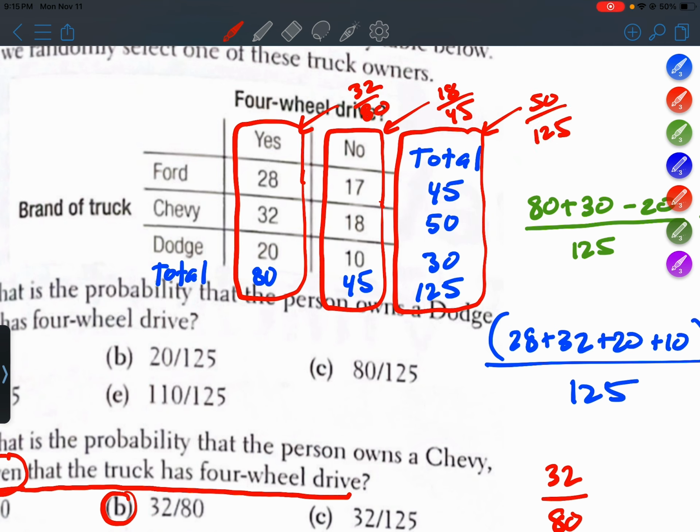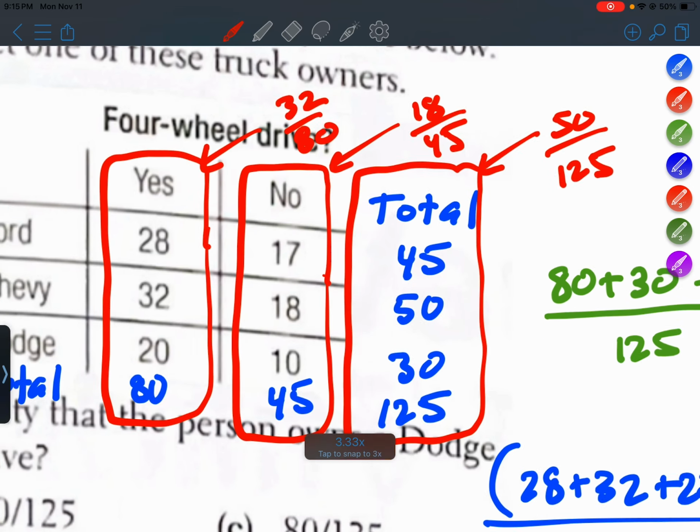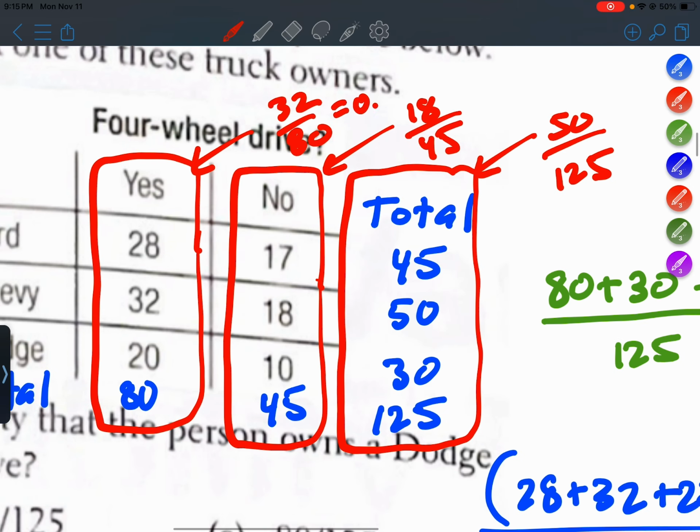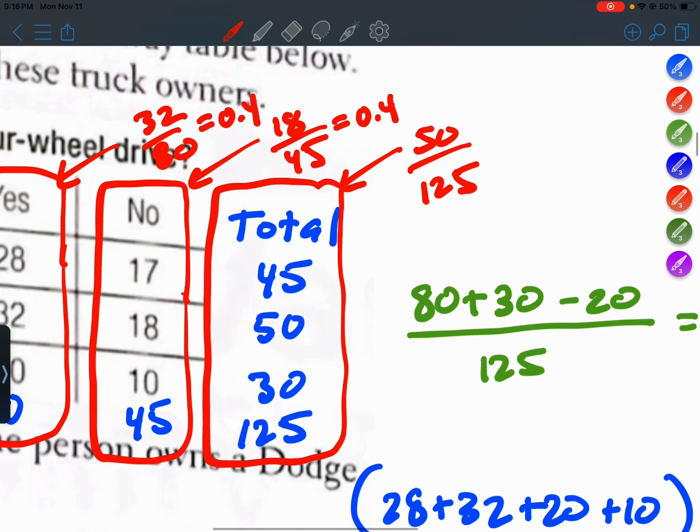It's hard to compare fractions, especially when the denominators are different, so let's convert these to decimals. 32 out of 80 is 40%, so we'll write that as 0.4. 18 out of 45 is also 40%, 0.4. 50 divided by 125 is 40%, 0.4.